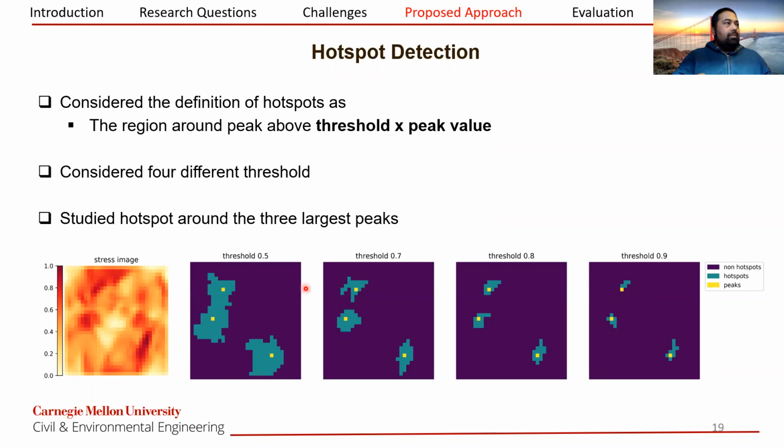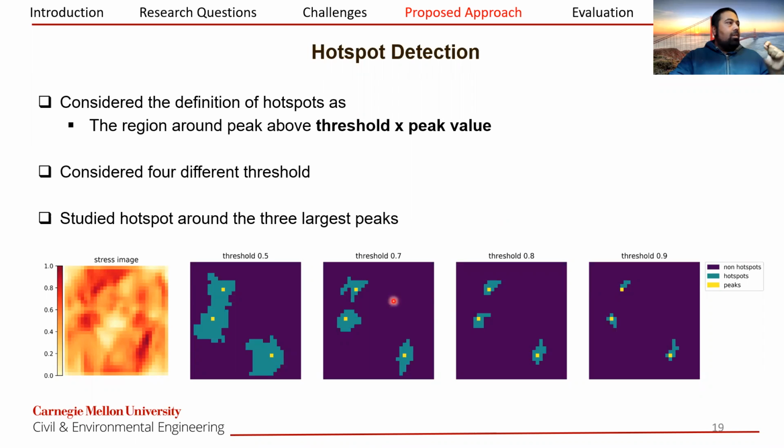using this definition. So what we do is we use different threshold values. If we are increasing the threshold, the size of the hotspot is decreasing. The main reason for considering different thresholds was so that we can consider hotspots of different resolution, and we wanted to compare how these hotspots are different from the original stress images.